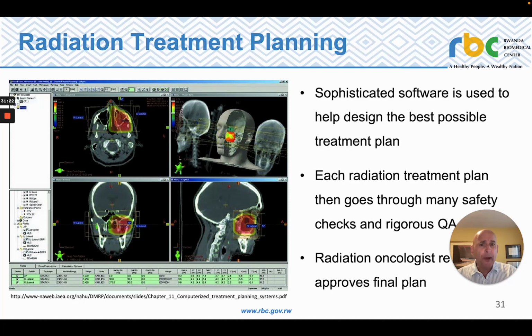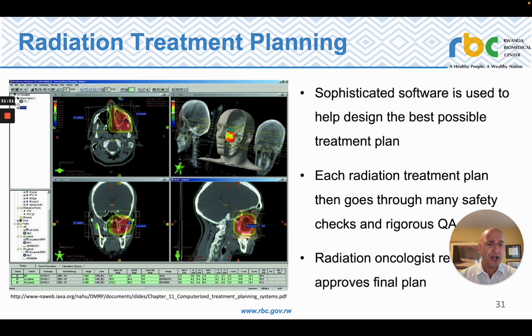When treatment planning is done, the planners use very sophisticated software, and what they're trying to do is help design the best possible treatment plan. They're trying to push the radiation where they want and minimize the radiation to where they don't want. After they develop a plan, each radiation treatment plan goes through rigorous checks and quality assurance.